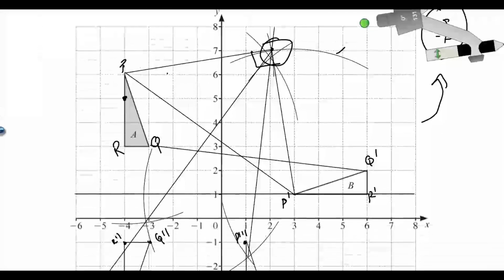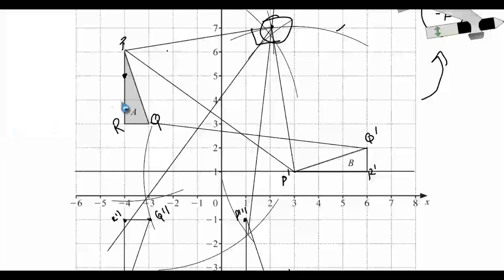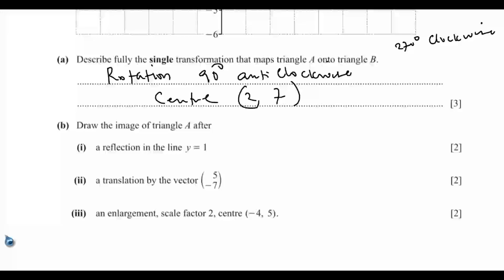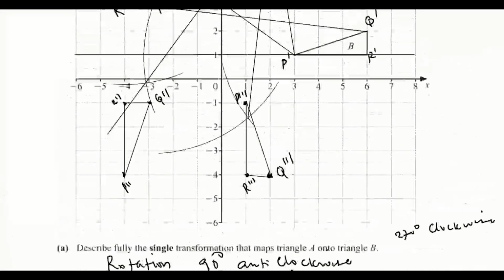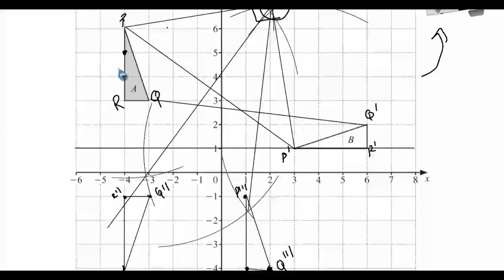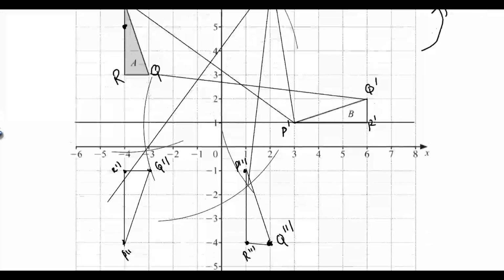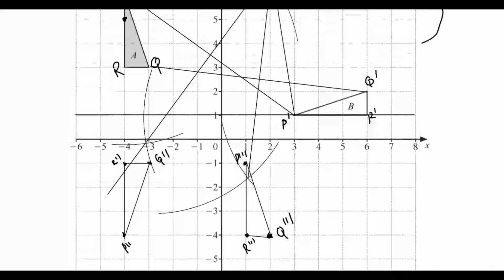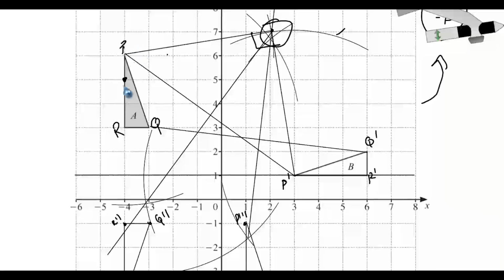So from the center of enlargement, we need to count to points P, Q, and R respectively. And the scale factor is giving us positive 2. Okay, so let's start with point P. So don't forget that we are still enlarging triangle A. So you count from the center of enlargement, y is 1, so x is 0.